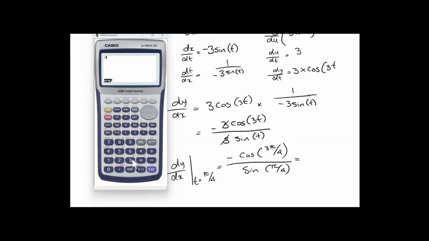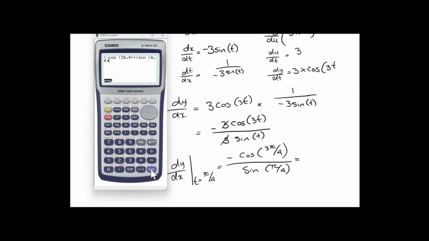So negative cos 3 pi divided by 4, divided by sine of pi over 4.